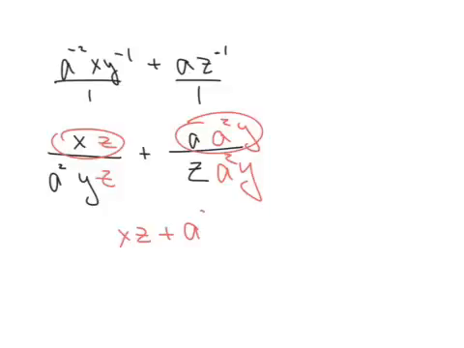A times a squared is a to the cube. Remember, you add the exponents. And I'm going to put them over my common denominator, and I'm going to get an answer that looks like that. And that is it for that lesson. Okay, so I will turn you loose on lesson 57, and you should be good.